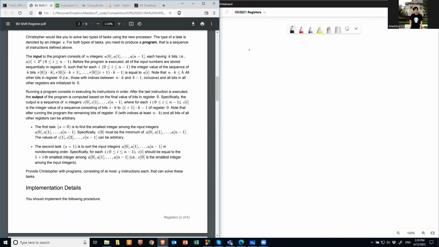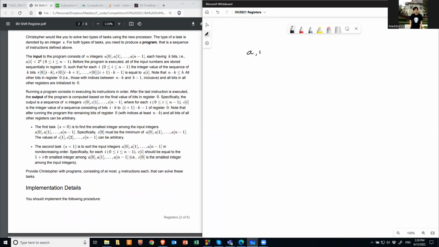In other words, if you have numbers A and B, if you can find whether A is less than B, or in other words, if you can find the minimum of A and B, or the maximum of A and B. If you can do any of those operations, then that's easy to do.